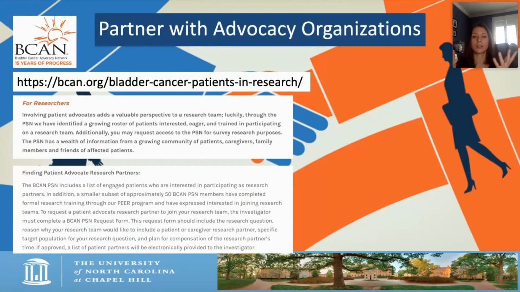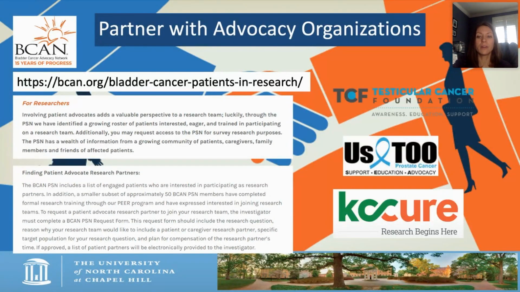But there are lots of different cancer-related advocacy organizations, and I'm sure other foundations for other types of diseases. There's us too for prostate cancer, KC Cure for kidney cancer, and onward. So just look out there for the advocacy organizations and partner, because not all of us are experts in advocacy. So why don't you partner with somebody and you can mutually benefit?